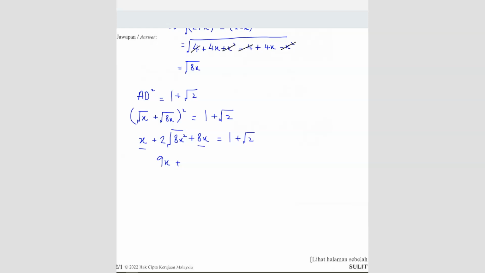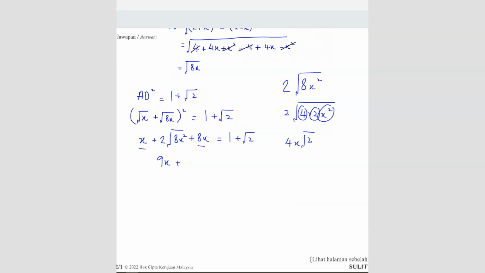For those who don't know, this is how you do it. 8x square. So if you notice, the 8 here is actually 4 times 2, right? So the 4 you can actually square root. You square root, it becomes 2, so the 2 will come out. So the existing 2 here will times this 2. You get 4. So outside here becomes 4. The x square you square root becomes x. So what is left in the square root is only 2.